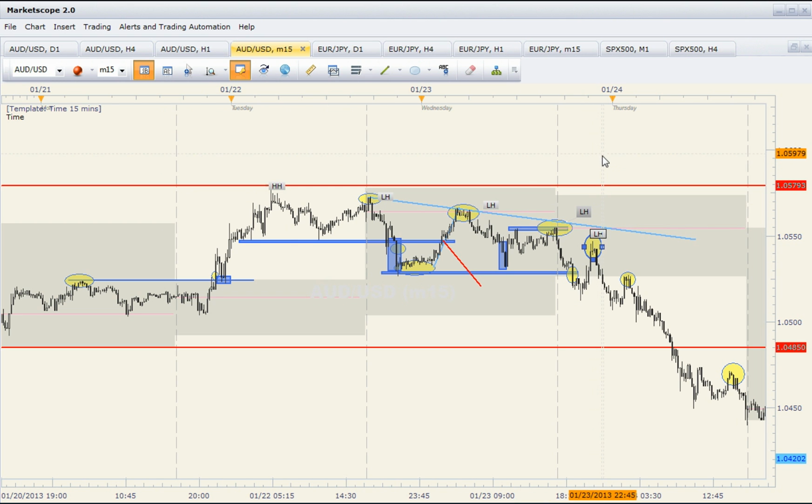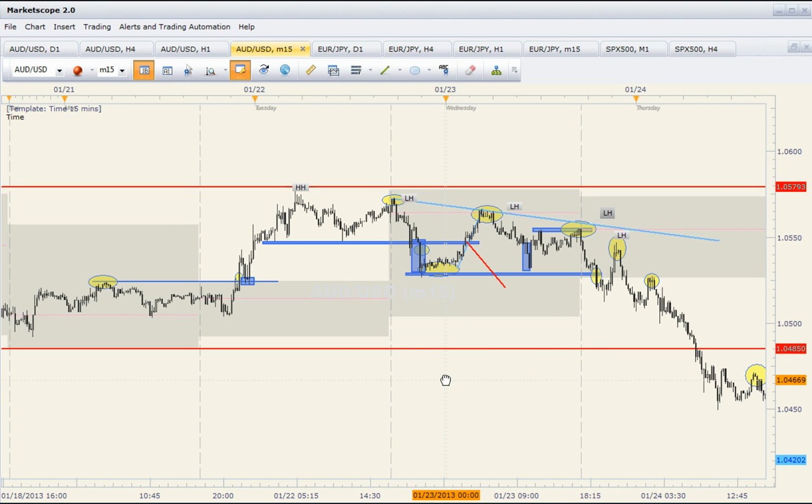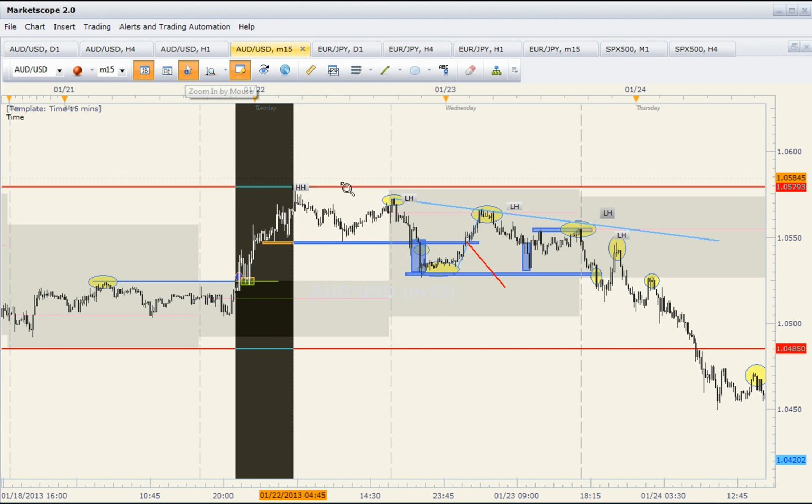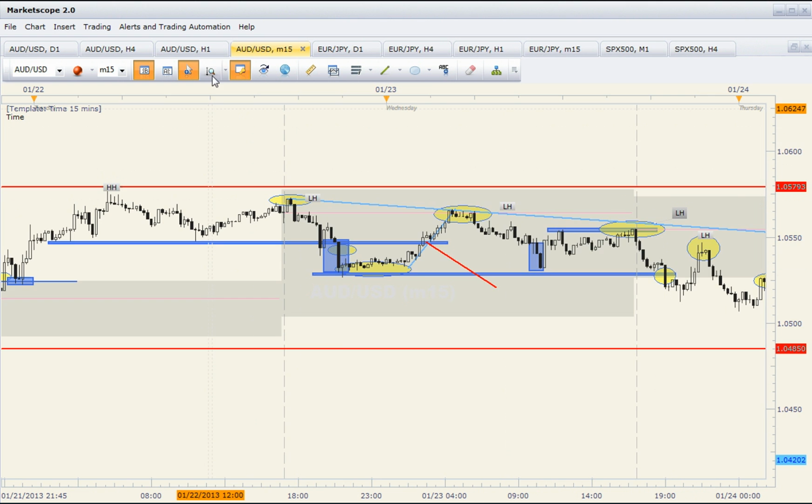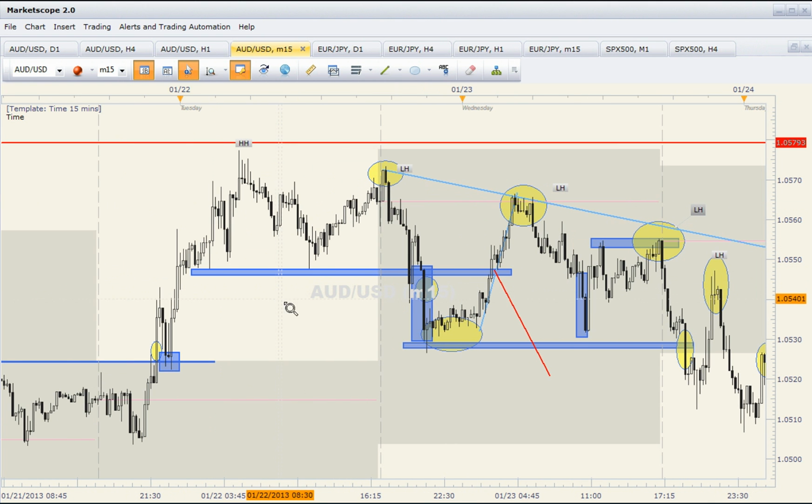So, where did price not go? Once I see a structure level get violated.